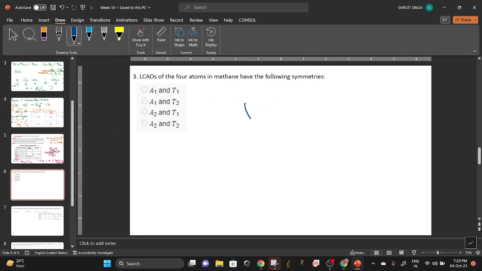We have to consider these pendant hydrogen atoms. So this is H. Let me write A, B, C and D. We are not considering the carbon here because linear combinations are created using the side atoms, not the central atom. So here we have these combinations.